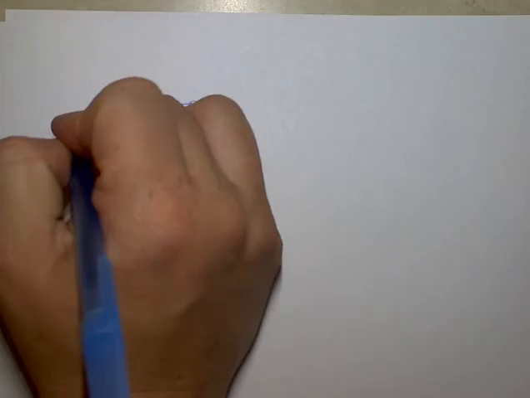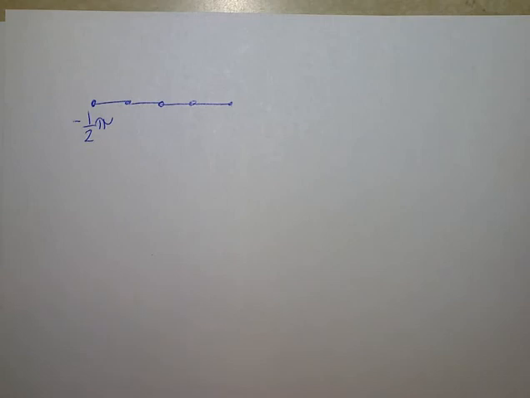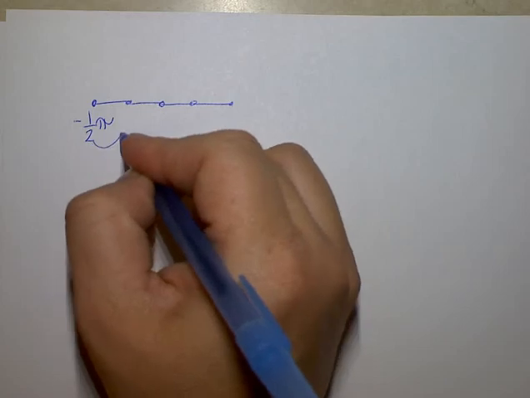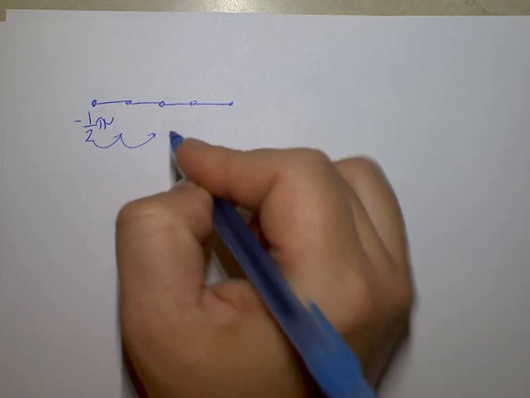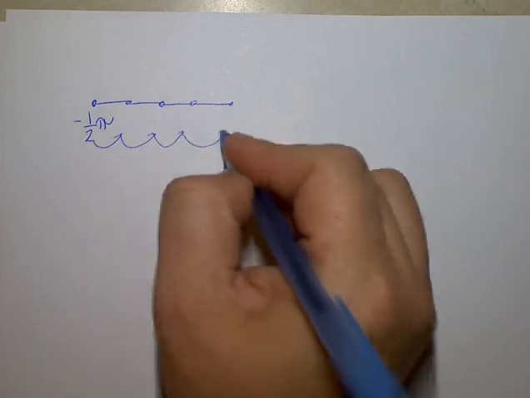It was negative 1/2 pi. And the increment that we came up with was 1 pi. That means to go from 0 to 1 and 1 to 2 and so on, each time you're going to add 1 pi to that.